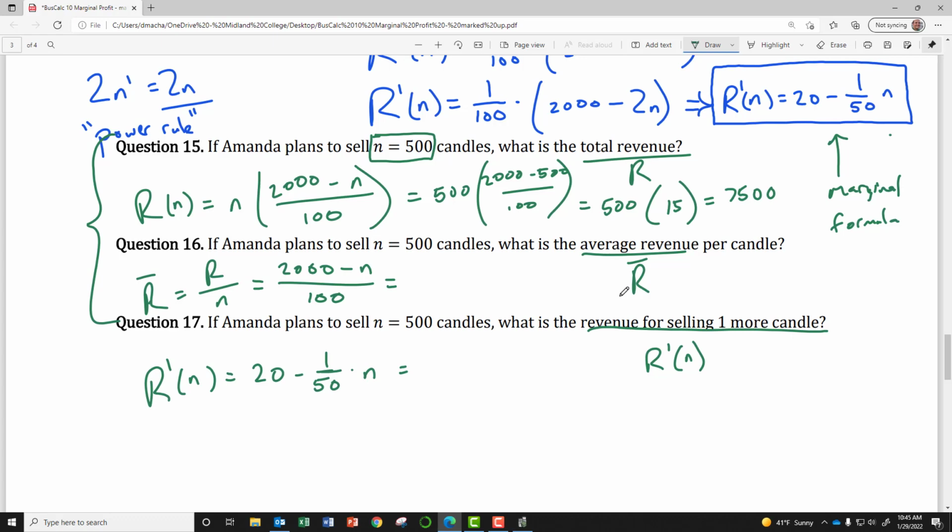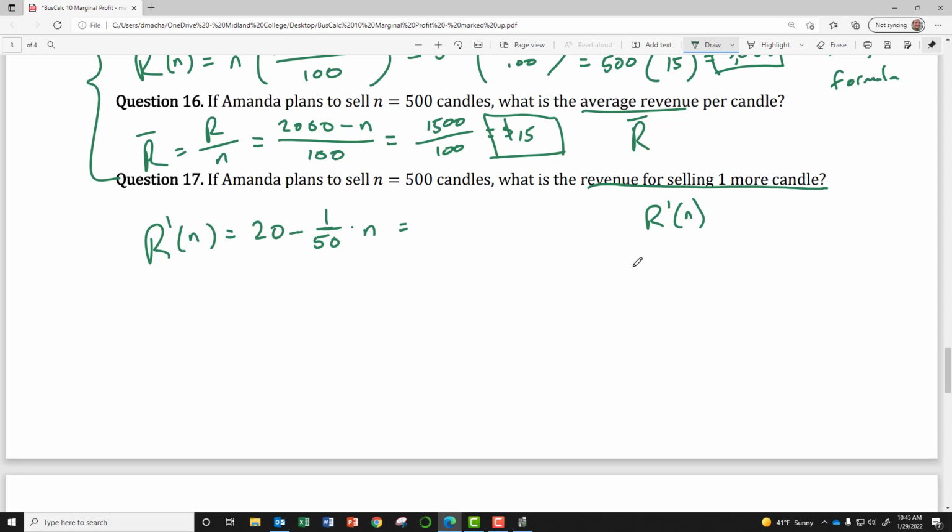So actually, if I sell 500 candles, my total revenue is going to be $7,500. Nice. This average revenue would just be the price. So that would be 1,500 over 100, which is just 15. So if I plan to sell 500 candles, my price would be $15, and the price would be the average revenue per candle.